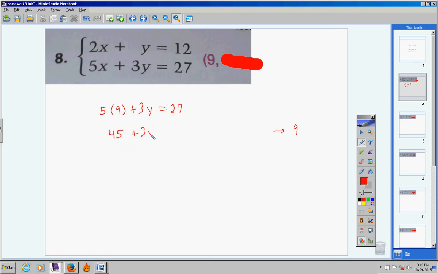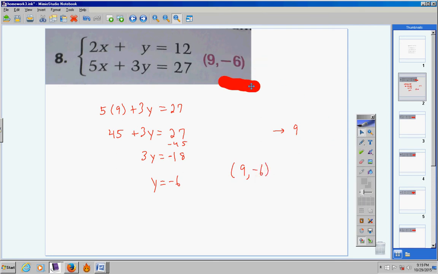Bring your 45 over and make it a negative 45, and you're going to get negative 18. Divide both sides by 3, and y equals negative 6. So your answer is 9, comma, negative 6. Cramer's rule is a pretty quick way to solve these.